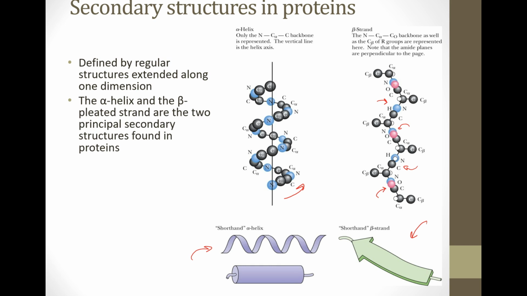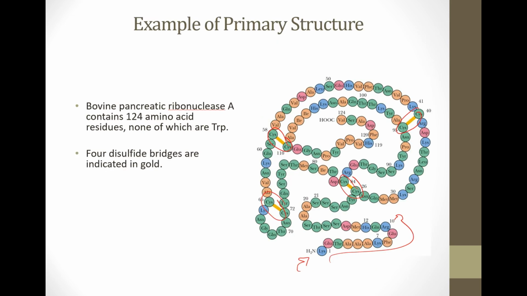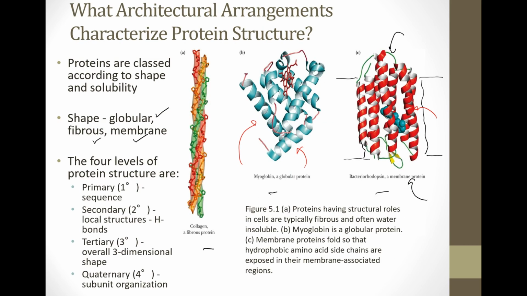Now obviously there's a little bit of flexibility in these structures. These coils aren't absolutely rigid, and these strands aren't absolutely rigid. Let me hop back up again to that other slide. You see they're primarily rigid. If I look along this right here, for instance, pretty rigid structure. Pretty rigid structures.